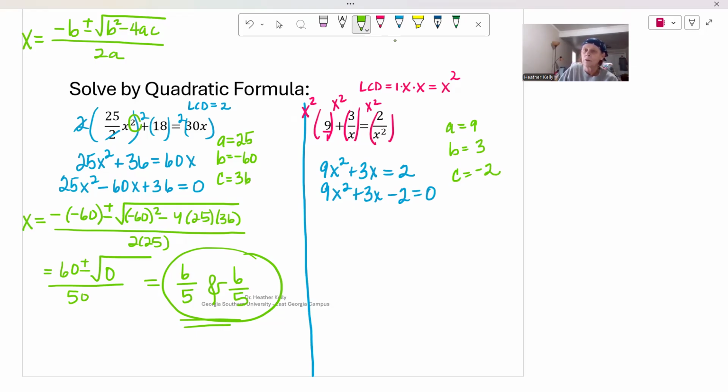Now, one thing to note here: this started as a rational equation, meaning there is a variable in the denominator.